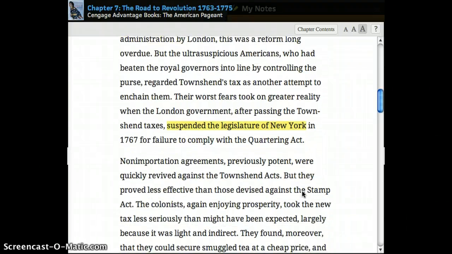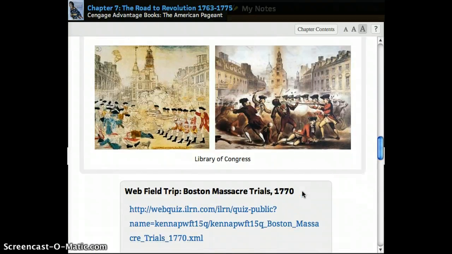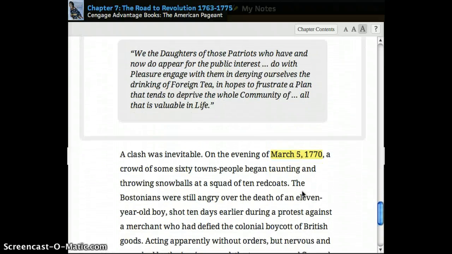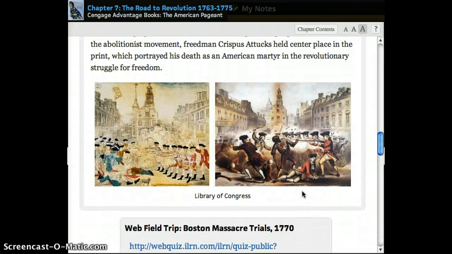So, what happens in the colonies? Well, there are a couple things. One is we get this one incident. It's March 5th, 1770. Your book has these images right here. It is known as the Boston Massacre. The British soldiers who had been in Boston since 1768 were harassed by a mob and opened fire on the mob.